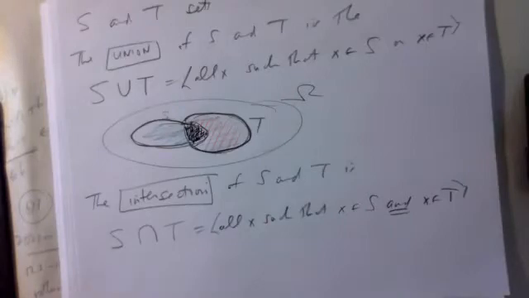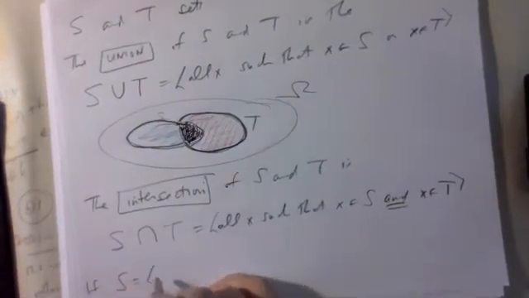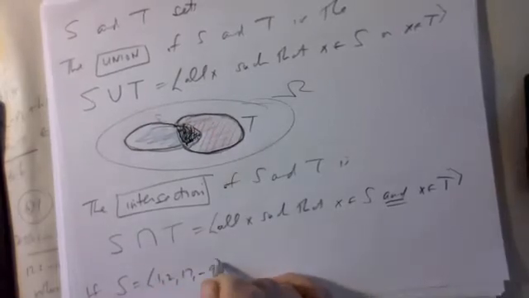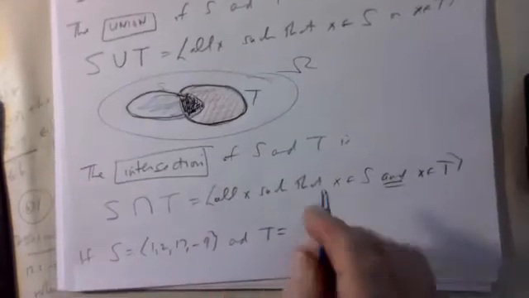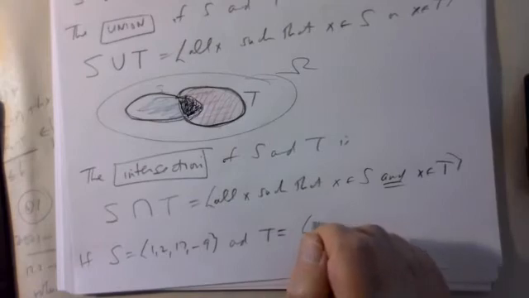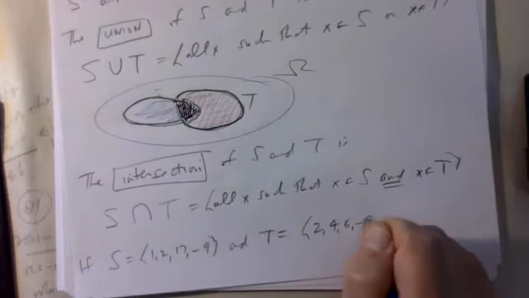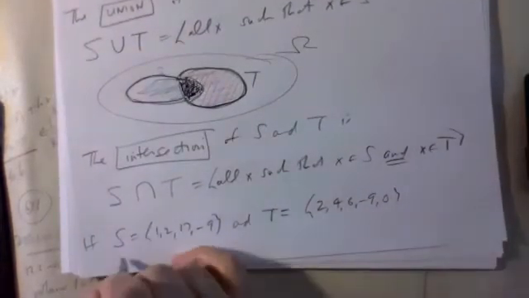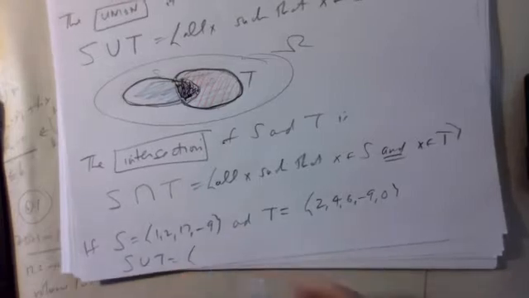So for example, if S is the set 1, 2, 17, minus 9, and T is the set 2, 4, 6, minus 9, and 0, S union T is everything which is in one or the other or both of these sets.